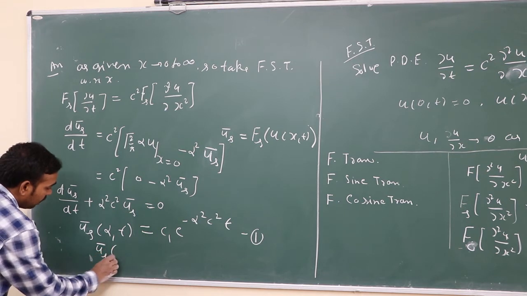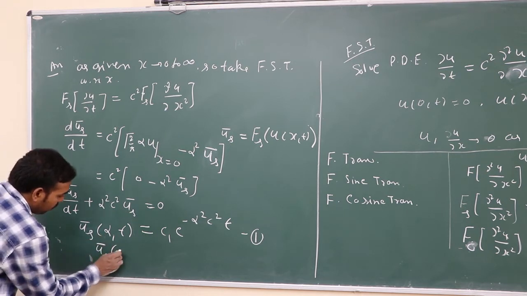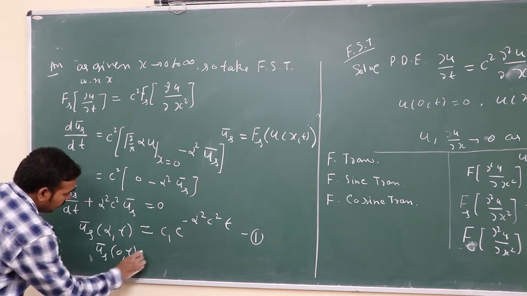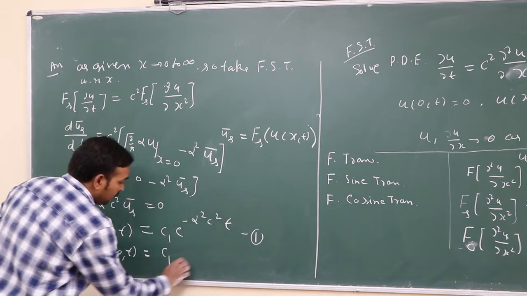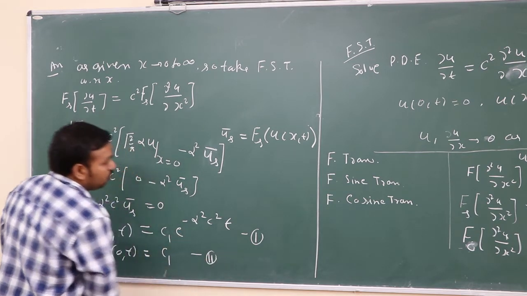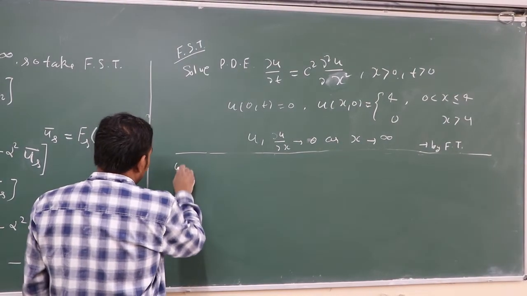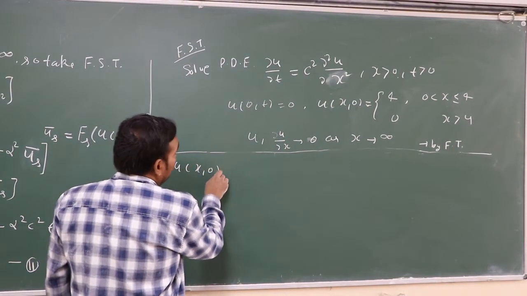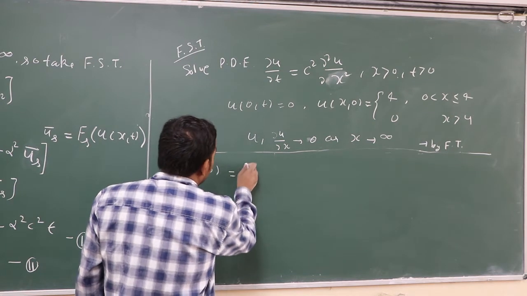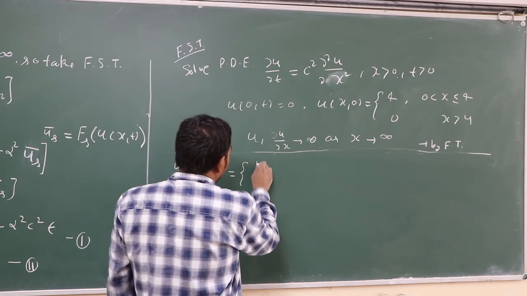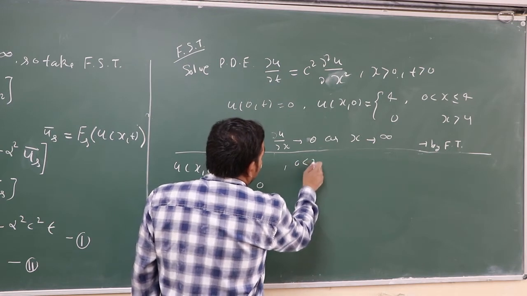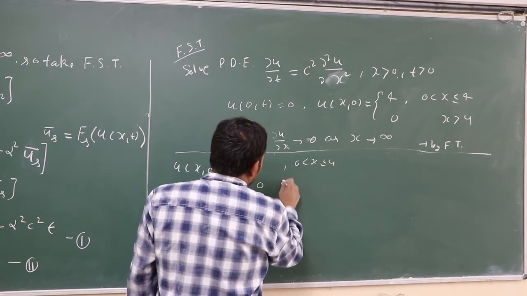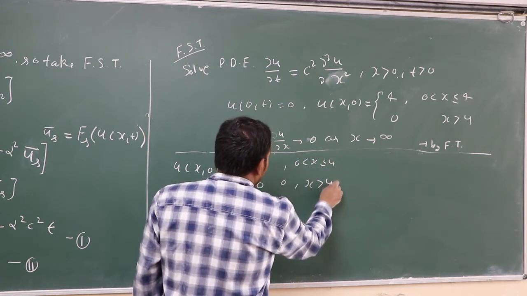So in this regard, u_s bar at t equal to 0: put t equal to 0, we simply get c1, say this is 2. Given that u(x,0) equals 4 for 0 less than x less than 4, and 0 for x greater than 4.